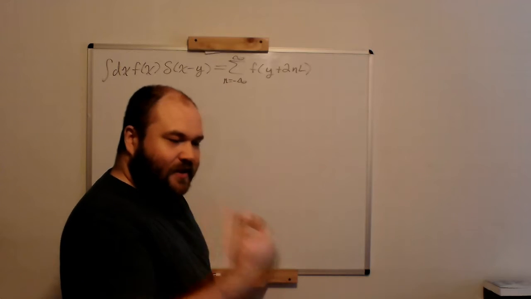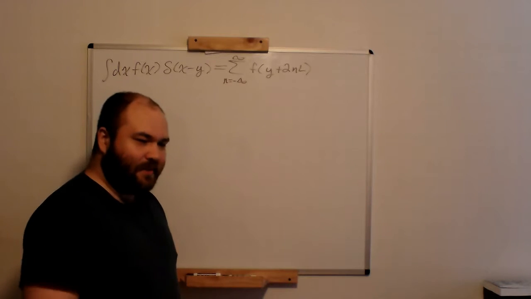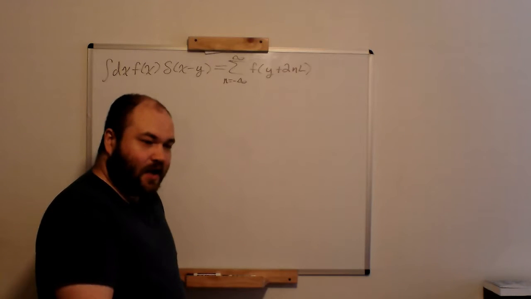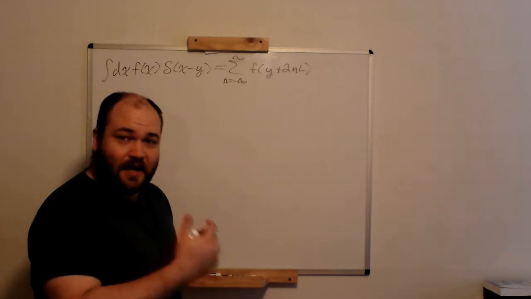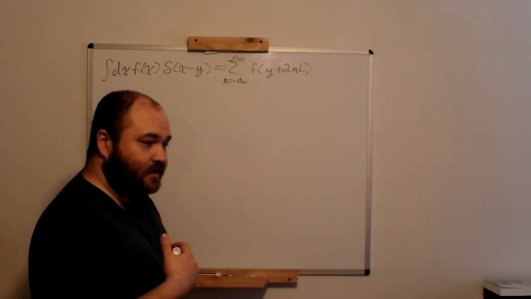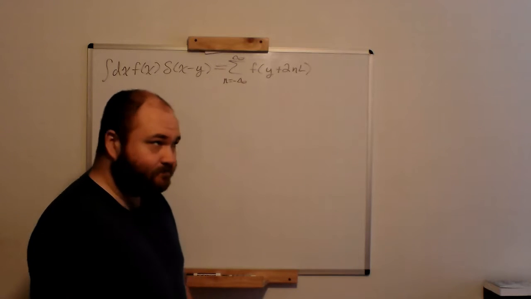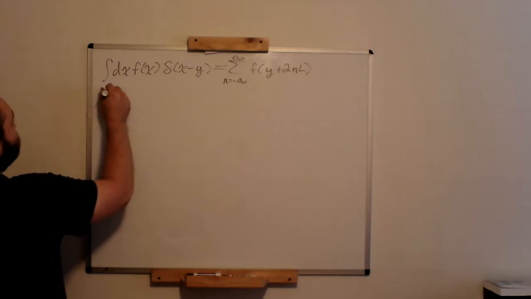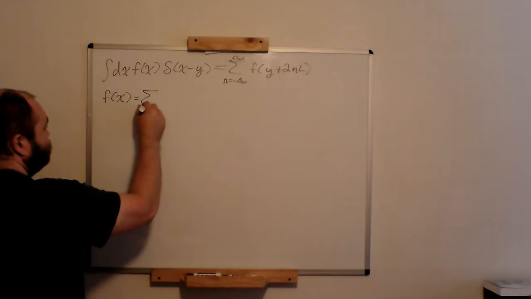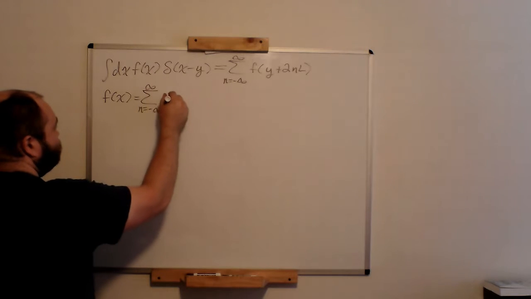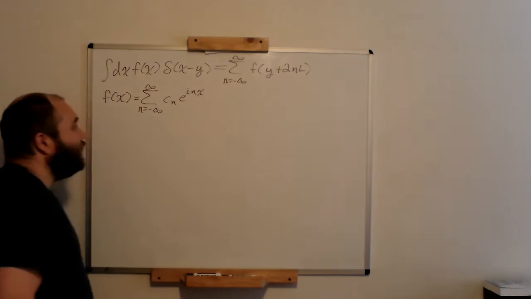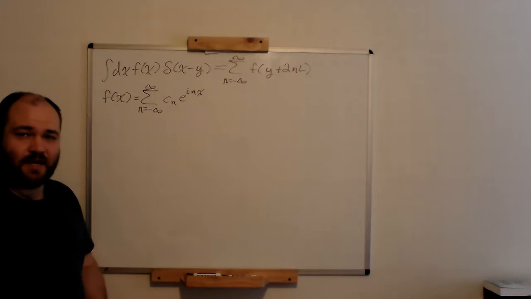So the thing that we need to do now is make a couple definitions. We need the complex Fourier series of a function, and we need the Fourier transform of the Dirac Delta. This is the complex Fourier series.